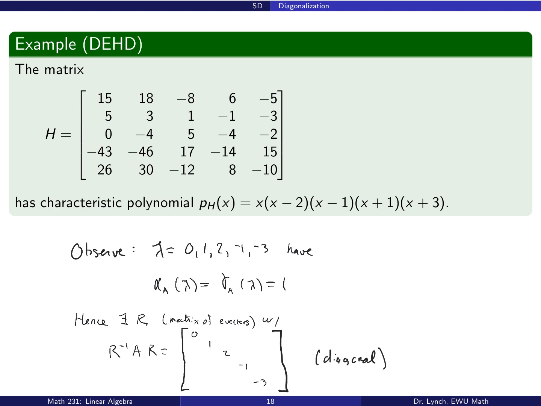So there is some matrix R, a matrix of eigenvectors, such that R inverse times A times R is a diagonal matrix with those eigenvalues on the diagonal. I won't write in all the zeros, but every other element in this 5 by 5 matrix is equal to 0. A is diagonalizable. Here I've said A, but I really meant H, of course. Sorry for that typo. The matrix H is diagonalizable, and we can put the eigenvalues on the diagonal.